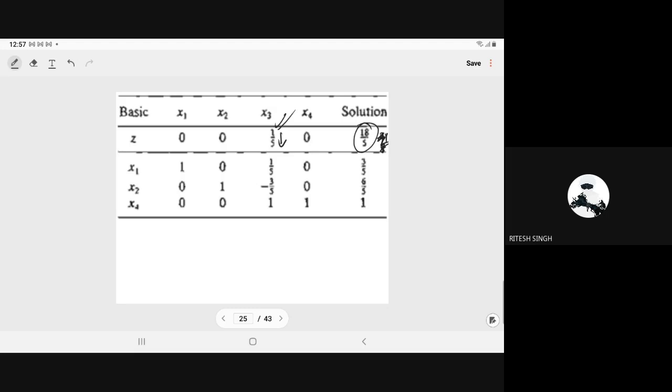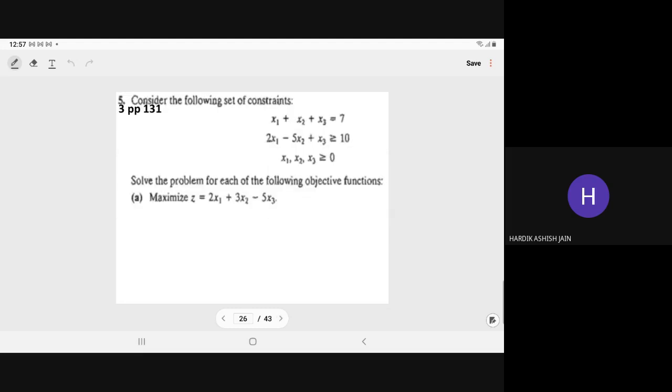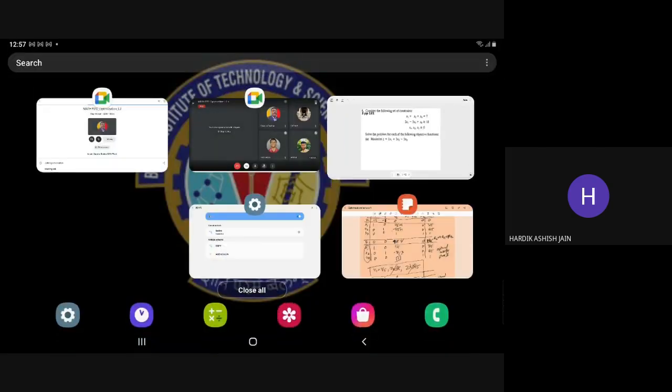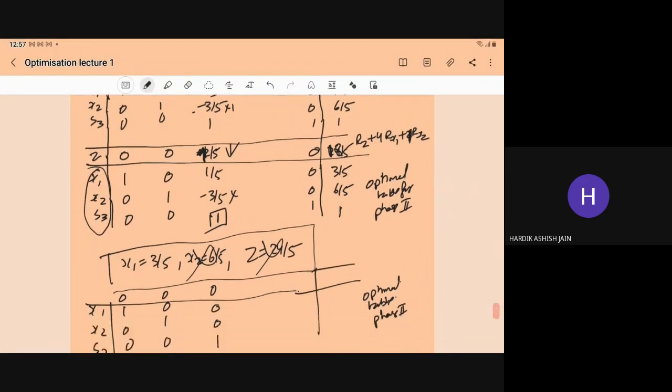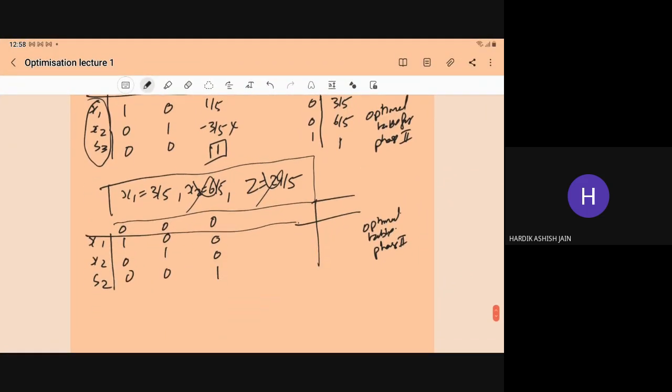If you have a doubt, please ask. Otherwise, from my side, it's over. I will continue this question with a different objective function in the next class. So what is the final answer? Can you just share with us? Final answer, I think it is not in my slide. You just have to write this calculation.